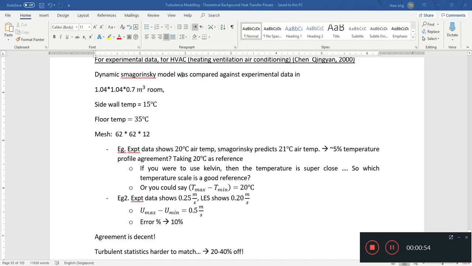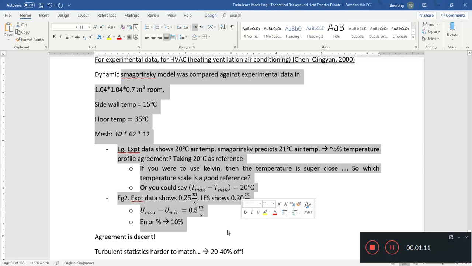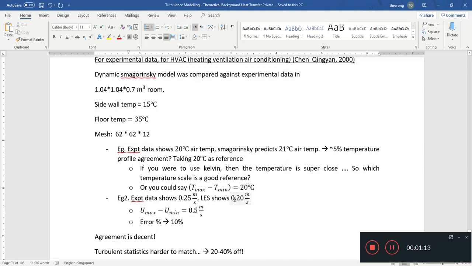Whereas for experimental data, you cannot measure all of these turbulence statistics, and for example the temperature profile and the velocity profile, with infinite precision. But it's always good because it shows you what the real life situation is, and you don't really have to validate any of it.